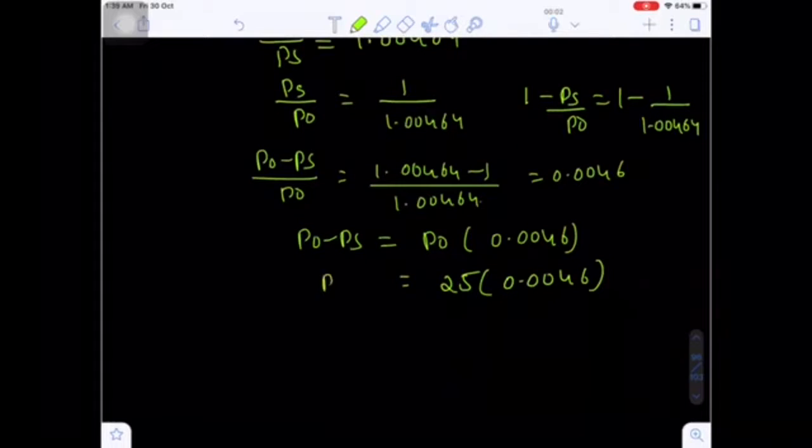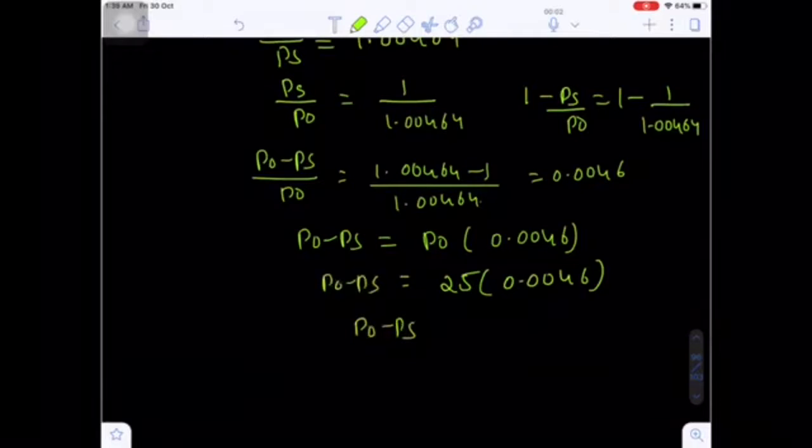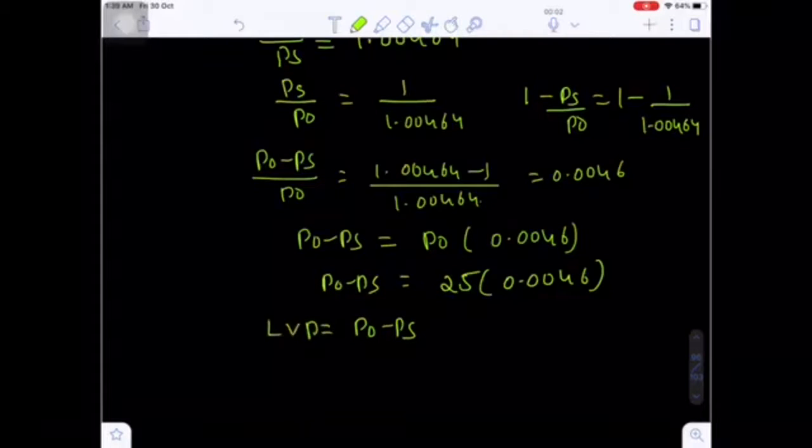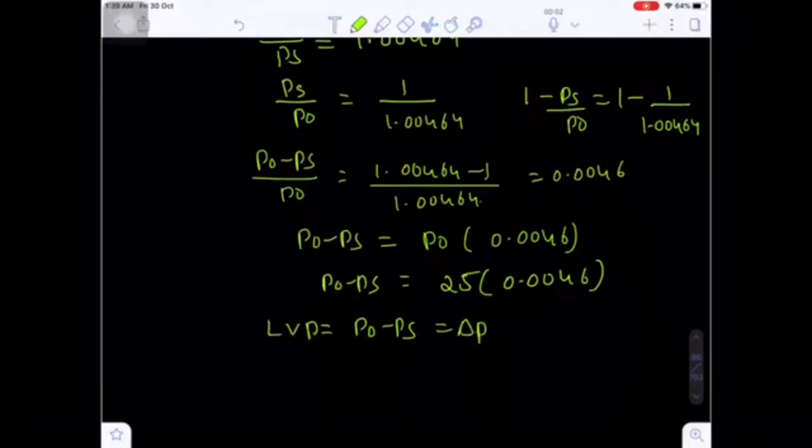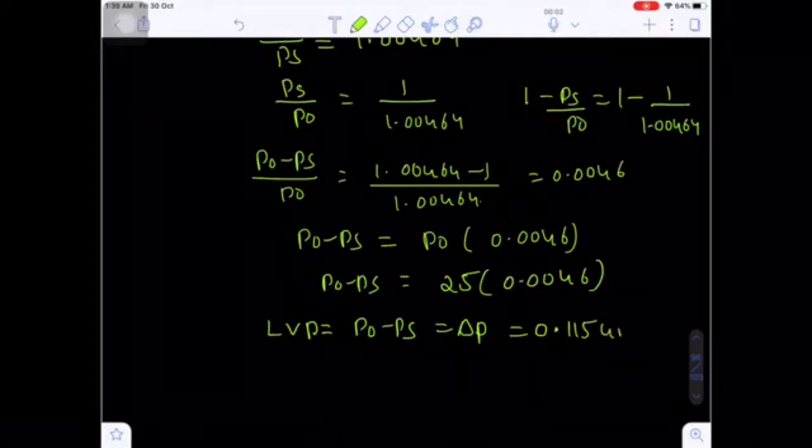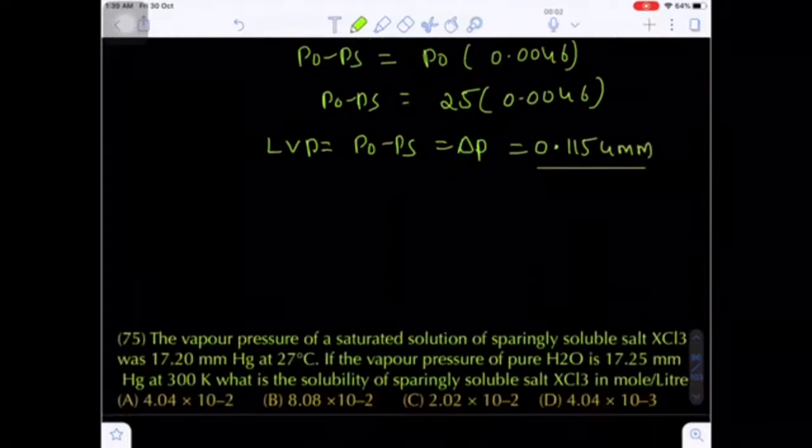So P naught minus PS, which is nothing but the lowering of vapor pressure, delta P, is equal to 0.1154 mm of Hg. This is the lowering of vapor pressure.